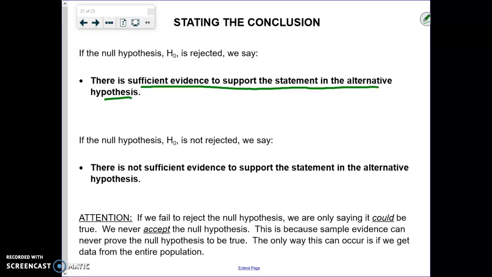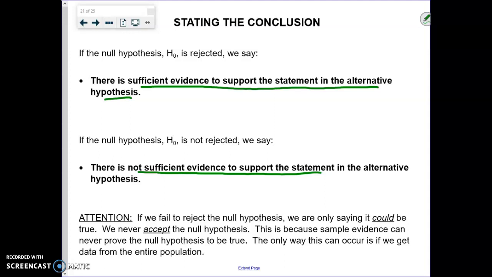We just say that the evidence is strong enough to say that your alternative hypothesis could be true. If the null hypothesis is not rejected, then we say there is not sufficient evidence to support the statement that the alternative hypothesis is true.